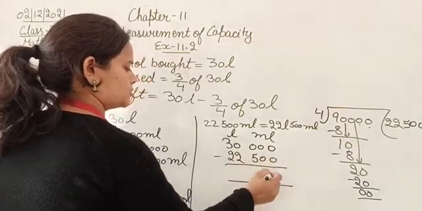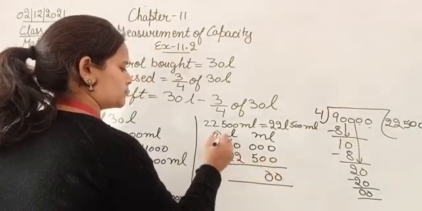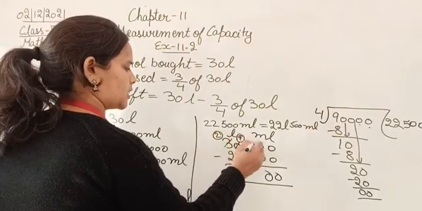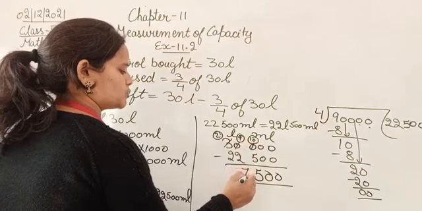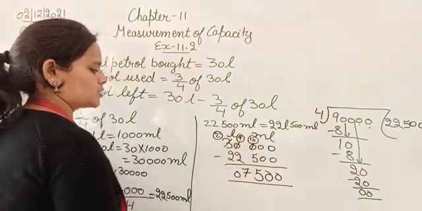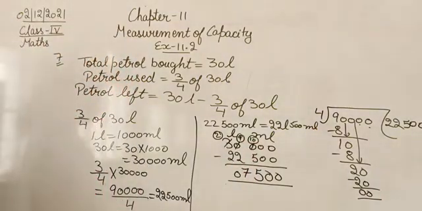So this is 0, 0. Carry from here, this will become 2, 9 and 10. 10 minus 5, 5, 9 minus 2, 7, 2 minus 2, 0. So how much petrol is left in his car? That is 7 liter 500 milliliter.